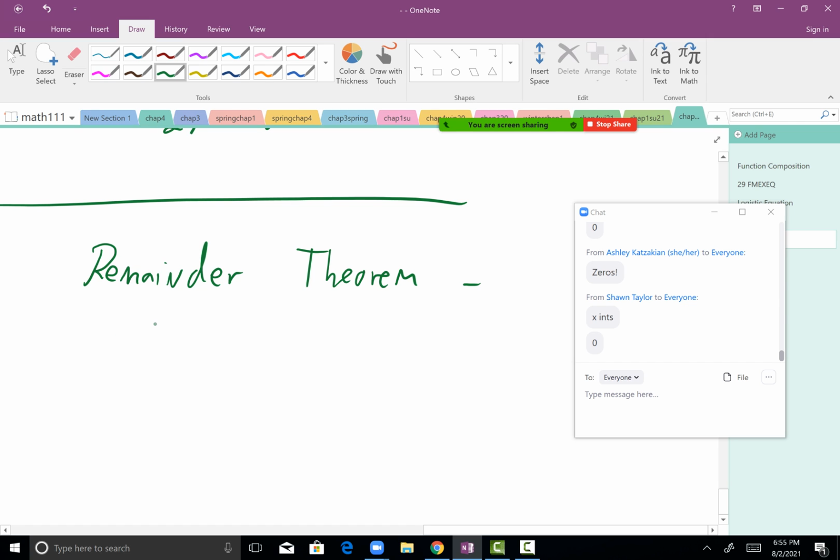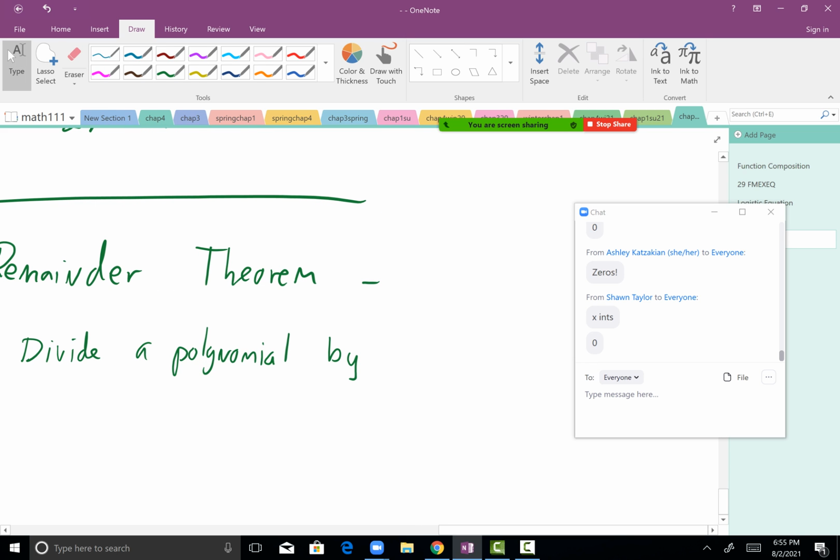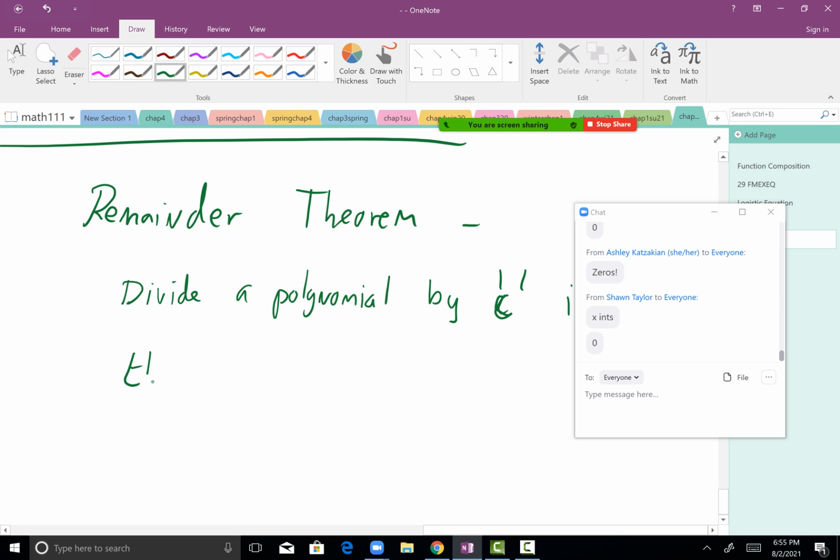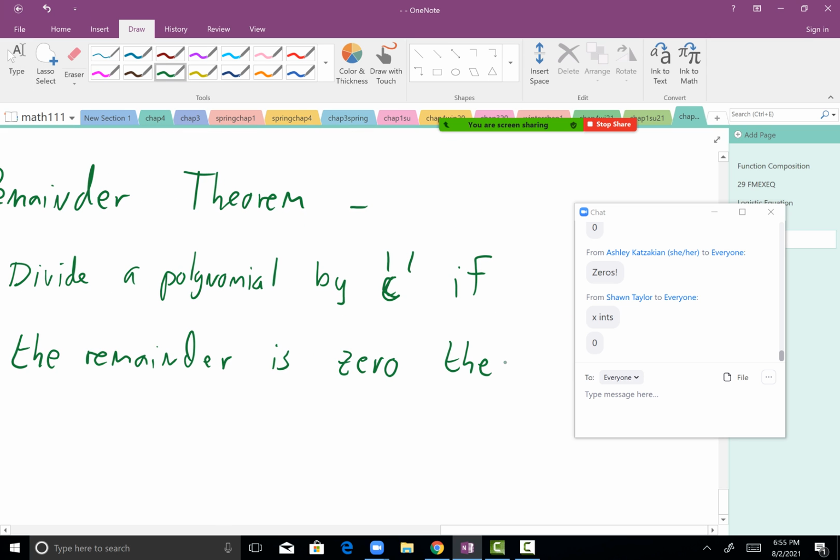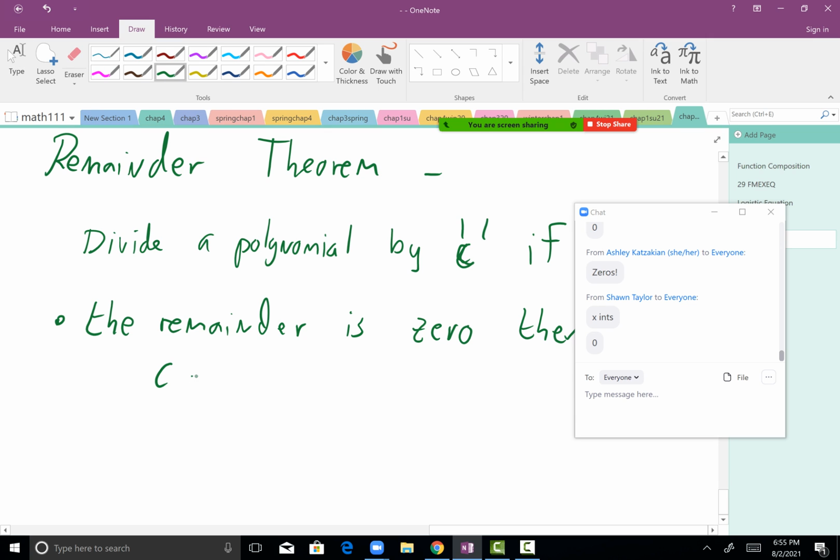So when using synthetic division, first of all, and you divide a polynomial by, let's say, C, where C is a number, if the remainder is 0, then C is a solution.